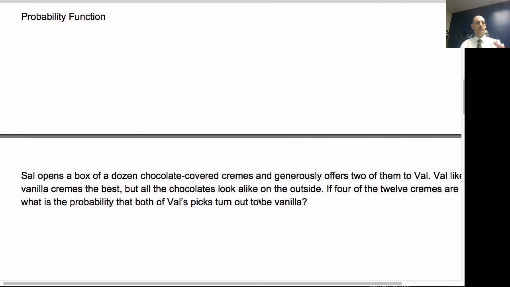Which brings us to our next note, the probability function. The probability function is basically putting the numbers with probability. The probability of any event has to be between 0 and 1. 0 equals not going to happen. I will never be drafted into the NBA. Not going to happen. Not nearly athletic enough. Never going to happen.